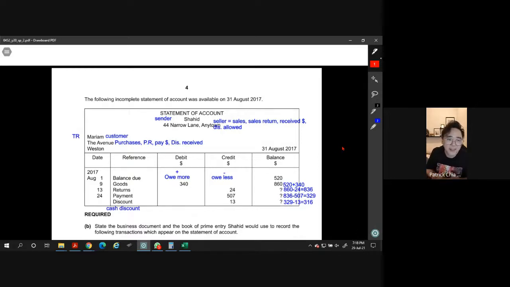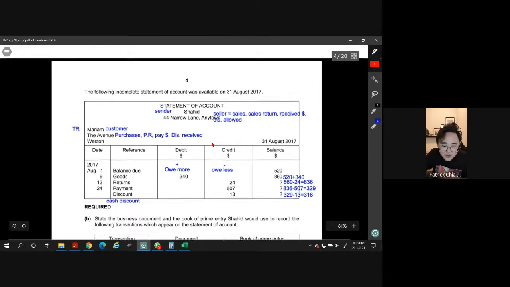Yes, but that is very unusual. So ask yourself, what is the usual thing? The customer owes the supplier. So in this case, of course, Mariam owes Shahid. That's why it's very important for you guys to know who is the customer and who is the seller.